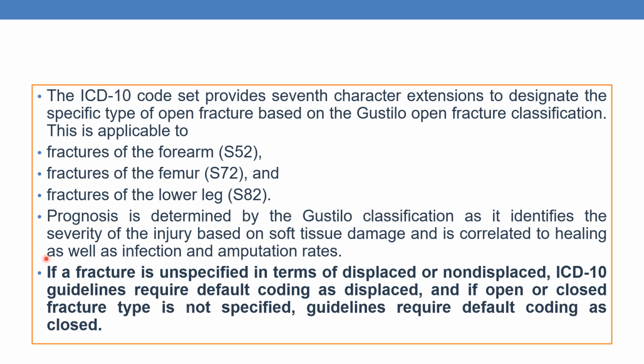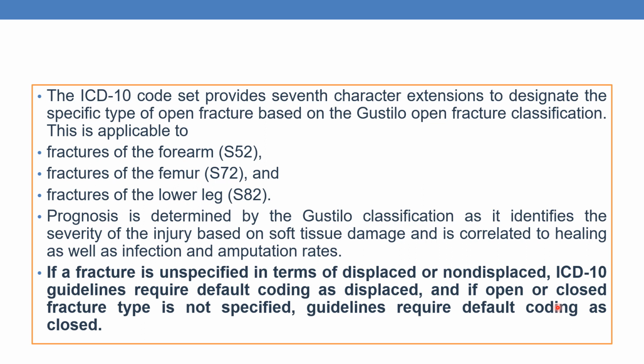One important guideline is that if a fracture is unspecified in terms of displaced or non-displaced, then ICD-10 guidelines require default coding of displaced fracture. Whenever it is not mentioned whether the fracture is displaced or non-displaced, by default you need to code displaced.